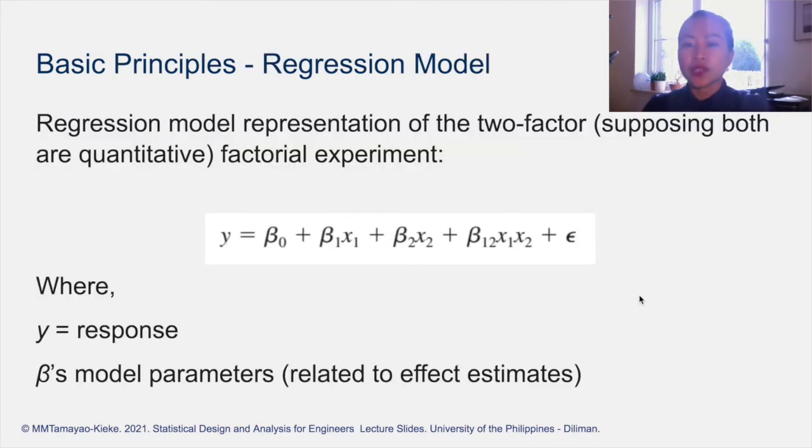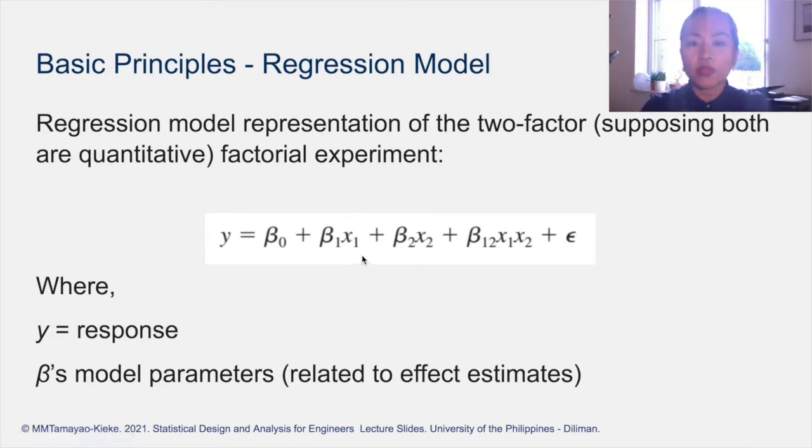Suppose that the factors are quantitative, or at least one of them is. A two-factor factorial can actually be represented using a regression model. You can see here the regression model representation of a two-factor factorial design.